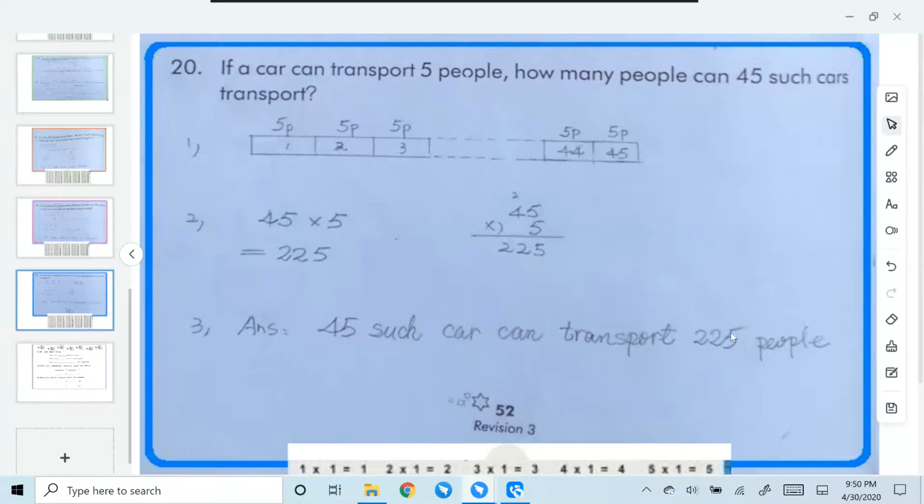We can't draw that many, so I just shortcut. 1 car, 2 cars, 3 cars, then I go to 44 cars, 45 cars. Each car has 5 people, so 5 people, 5 people, 5 people, up to 5 people, 5 people. They want to know how many people in that many cars altogether. This much amount we need to know. How many?